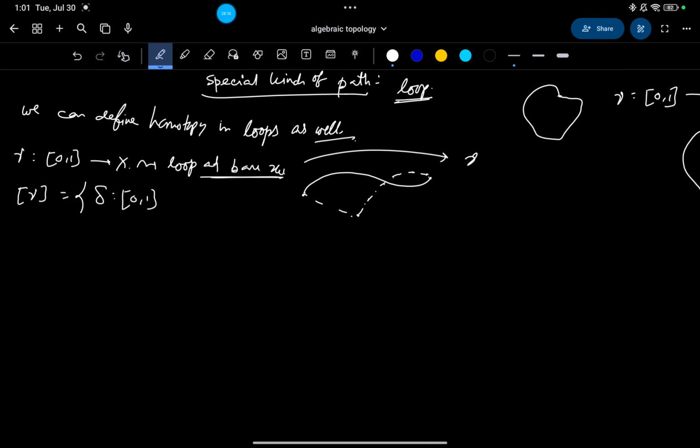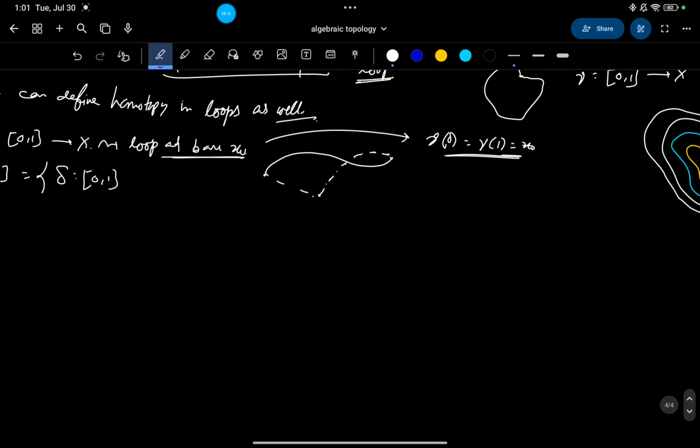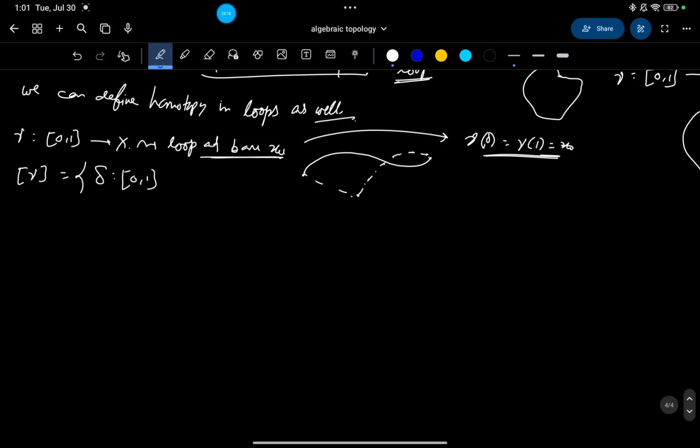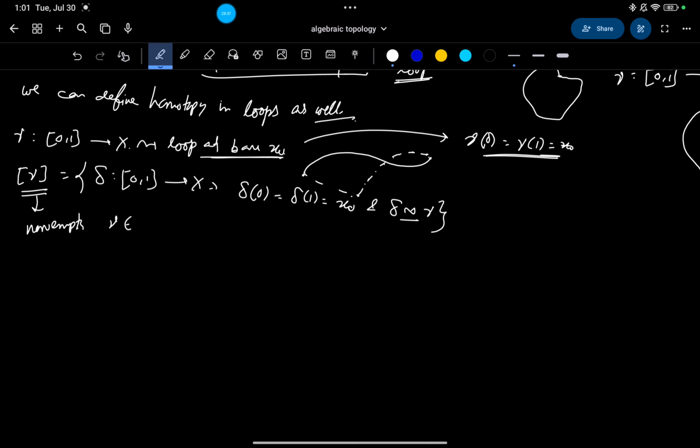This implies that gamma of 0 is the same as gamma of 1, which is x0. So delta is from [0,1] to X, such that delta of 0 equals delta of 1 equals x0, and delta is homotopic to gamma. This is non-empty because gamma is already there.